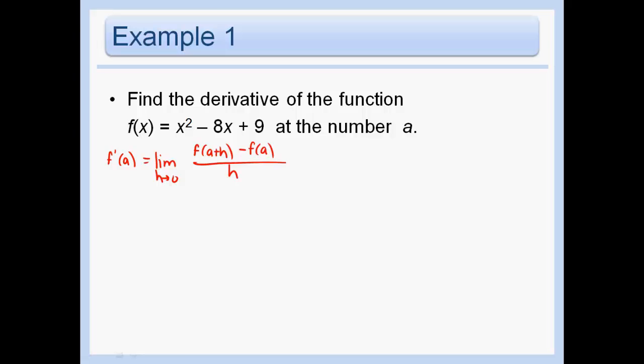And I'm just going to work out f of a plus h on the side, just so I don't have to write as much. A plus h, because we have x squared, minus 8 times a plus h. We're sticking in the a plus h for the x, plus 9. And I'm just going to simplify that.